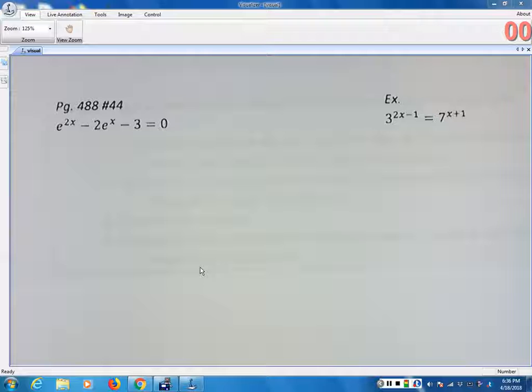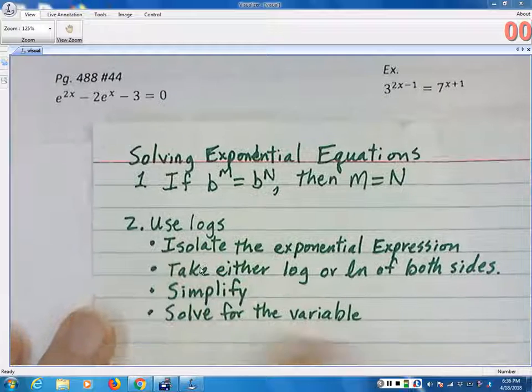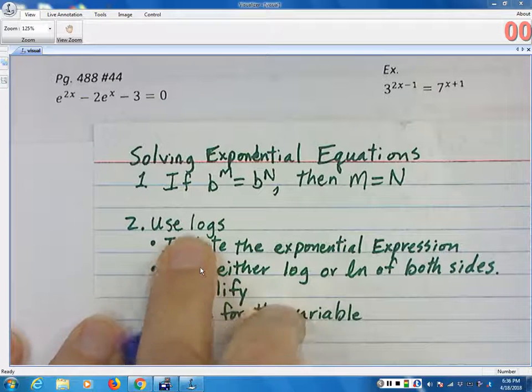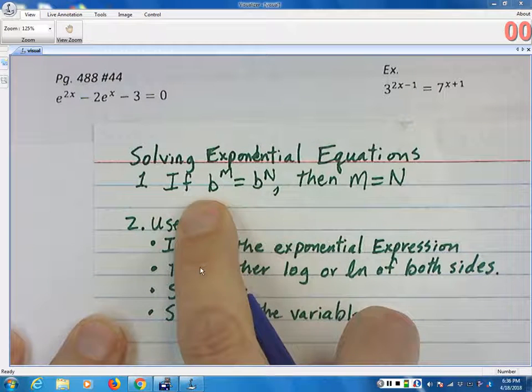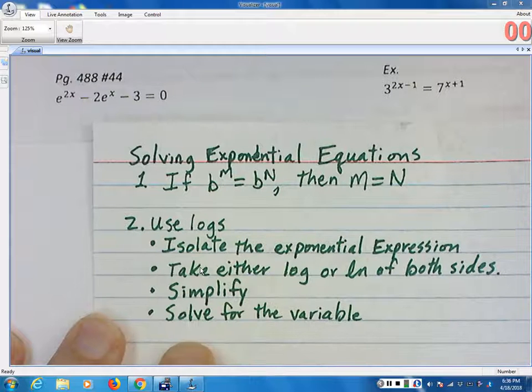All right, so we're going to solve some logarithmic equations, some exponential equations here, and we're going to use the rules of logs. If it's easier to do this, you can only do it if you can match the exponent. So we're going to use logs on this one.